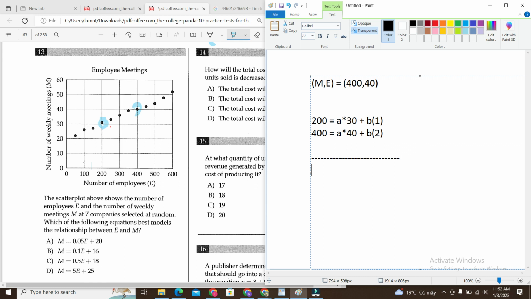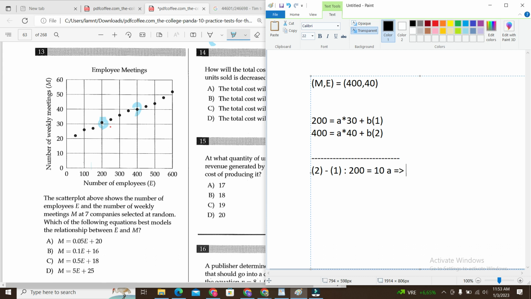So when we subtract 2 from 1, we can see that 200 is going to equal 10A. So A is 20, right?